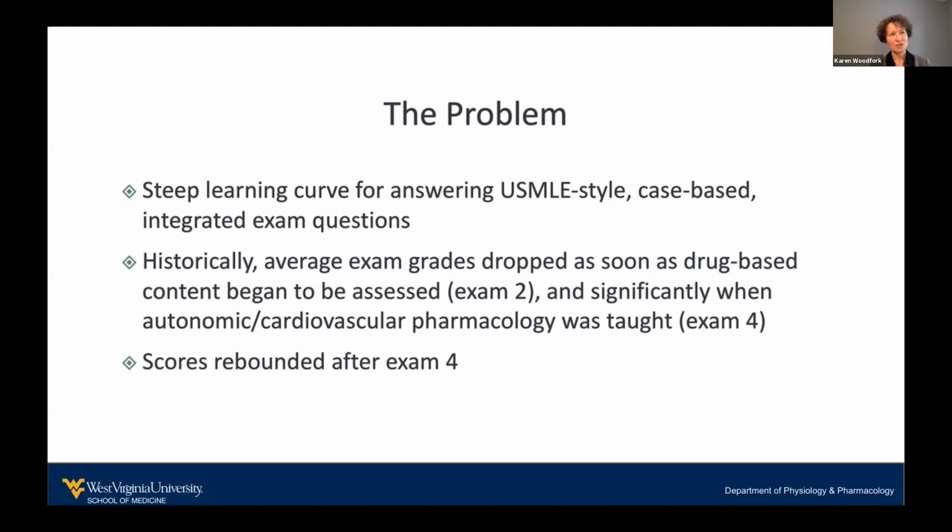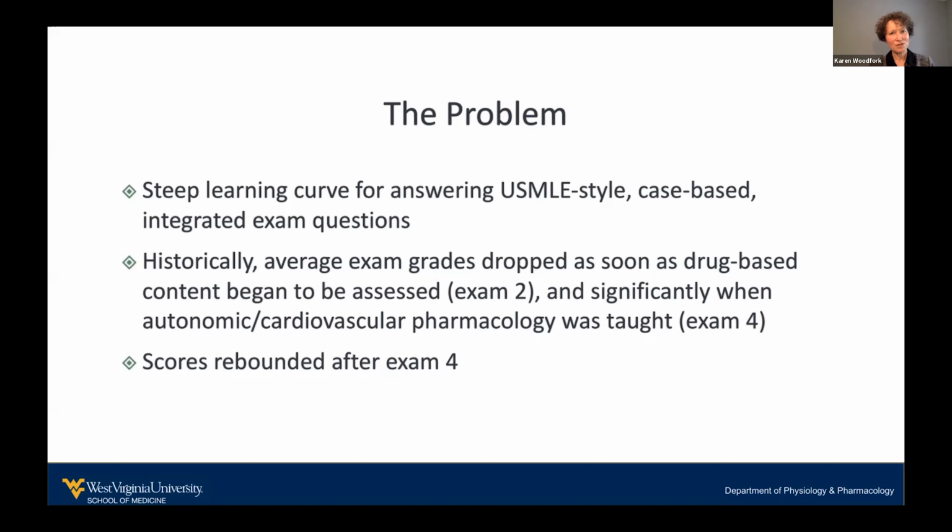And what I saw was, after they went through the foundations unit in block 1, as soon as the drug-based information started to come in, course grades on average began to drop. And then when the really hard pharmacology kicked in block 4, which is our autonomic and cardiovascular pharmacology, there was a major decrease in overall exam grades. After exam 4, the exam grades started to come back up again, but I thought, this really shouldn't be the case. We need to do something about this.